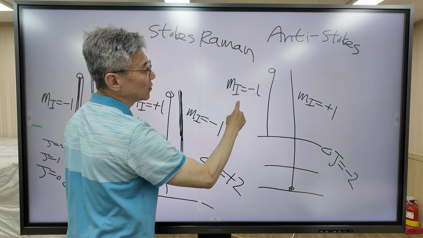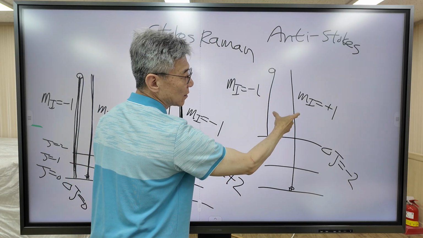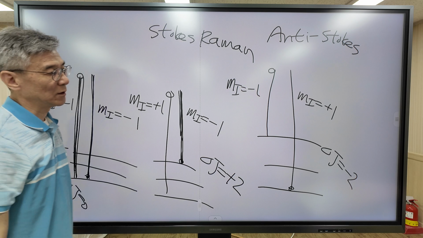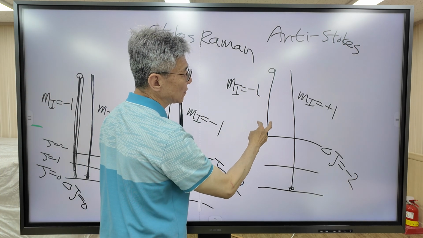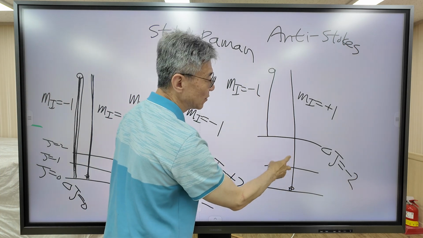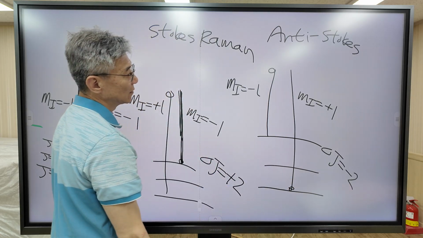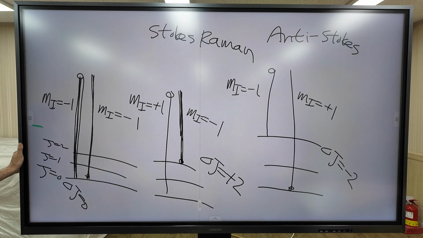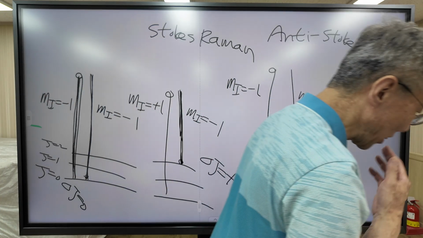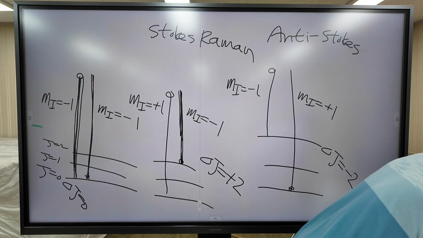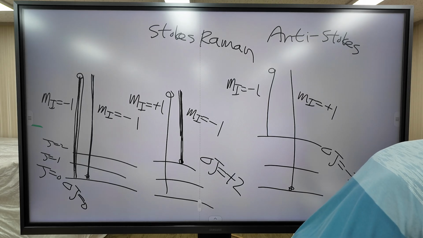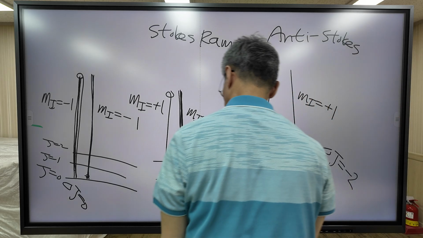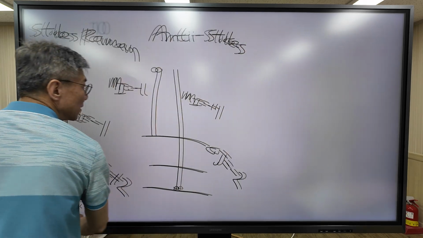So angular momentum increased by 2 in photon. So this increase must be compensated by the decrease in the angular momentum of the molecular state. So in this way, angular momentum is conserved. So using angular momentum conservation, we can explain the selection rule for Raman spectroscopy. Okay. And finally, I'm going to take a concrete example with numeric values.